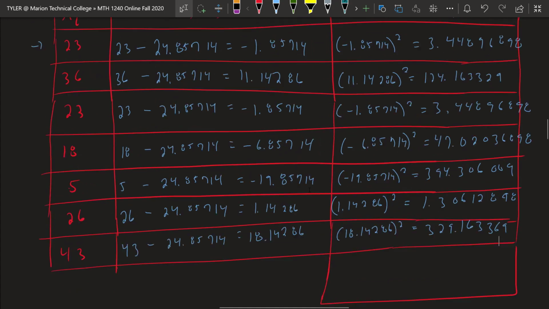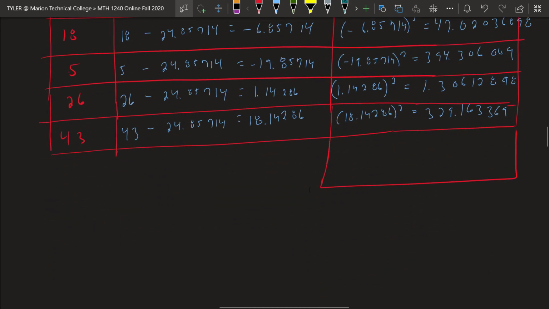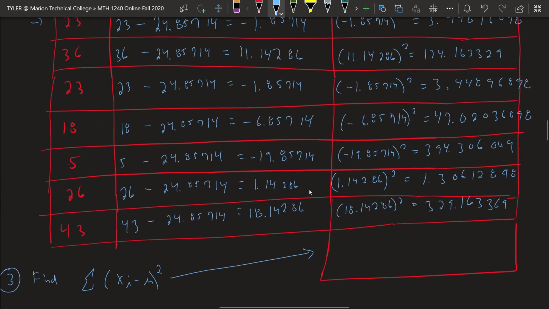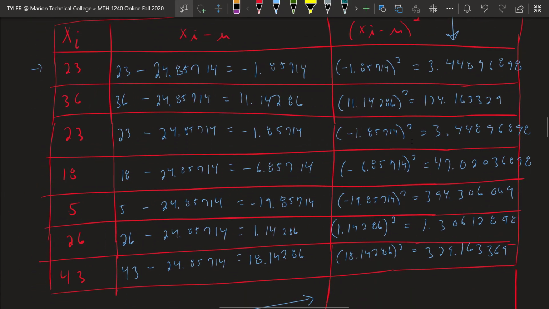Right? So then the next part to do, now that we built that table, the third thing that we want to do is to find sigma, the sum of the x sub i's minus the mean squared, right? So that is going to be the number that goes here, right? So essentially you're just going to total this last column. Add up all of the x sub i's minus mu quantity squared.